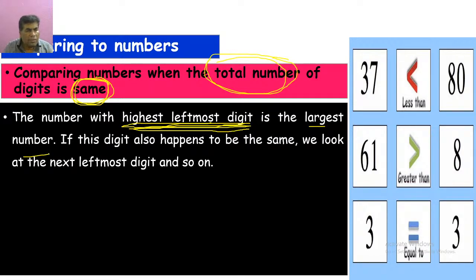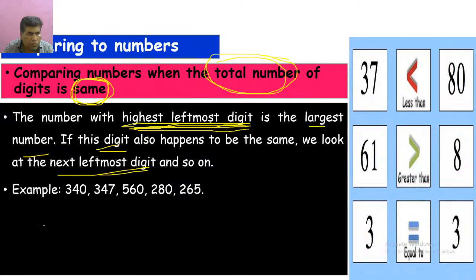Leftmost means the digit towards the left side. If that value is highest for any number, that will be the largest number. If the leftmost digit is also the same for 2 numbers, then we have to check the next consecutive digit, like that. We have to compare like that.